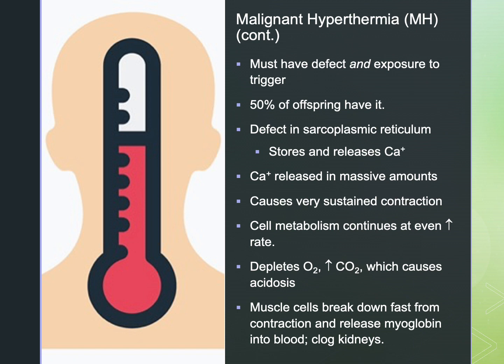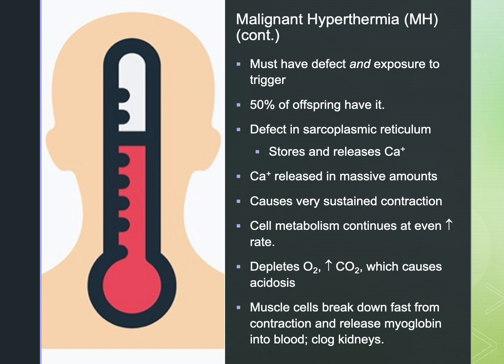And when the triggers are administered, like succinylcholine or inhalation anesthetics, what's going to happen in the body is massive amounts of calcium are going to accumulate in the muscle cells, and that is going to cause sustained contractions. That's going to burn a lot of energy and create a lot of heat. Glycolysis is also going to occur there.